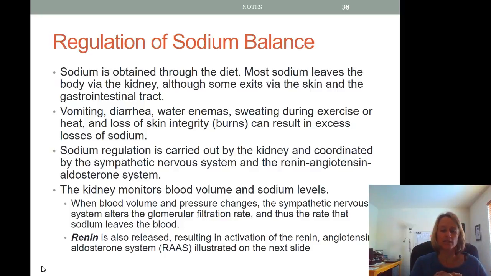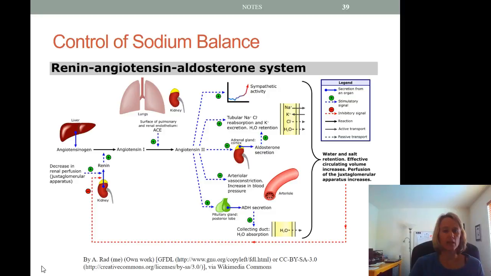Renin is released by the kidneys, and this can result in the activation of the renin-angiotensin-aldosterone system, which regulates sodium balance, as seen in the next slide here. So let's take a look at this.